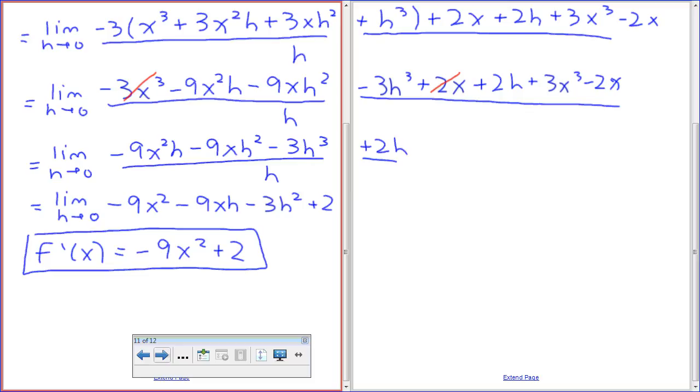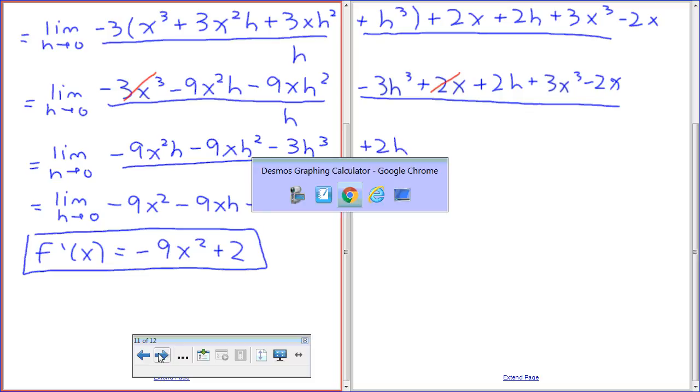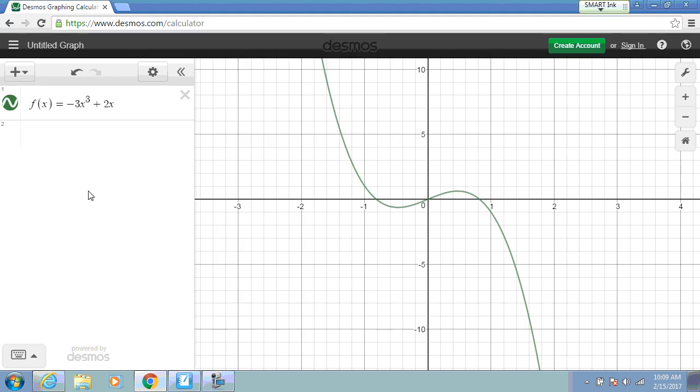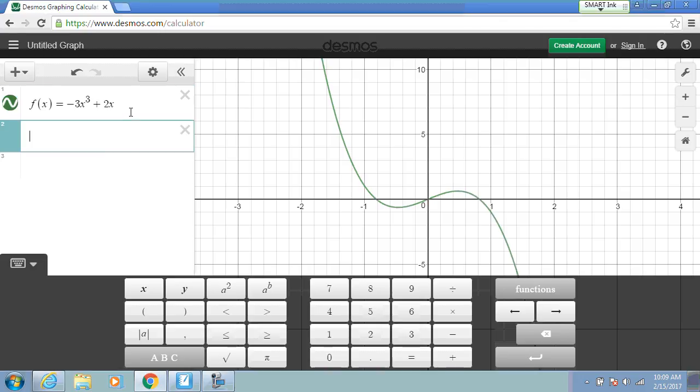Once you guys are done scribbling, which will take a second, I'm going to go back to the graphing program just to see if it actually happens the way I wanted it to. Negative 9x squared plus 2. Here we go. And look what happened there.